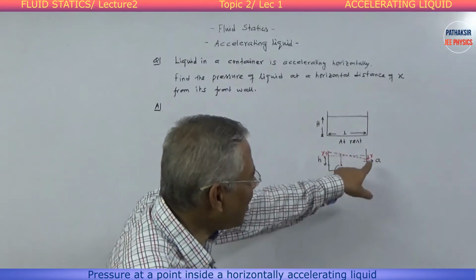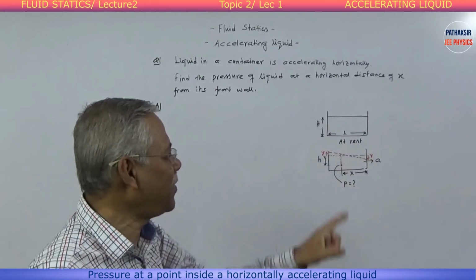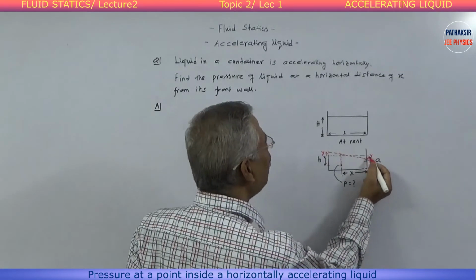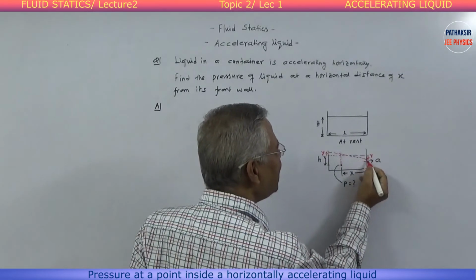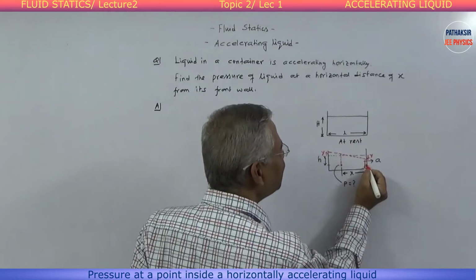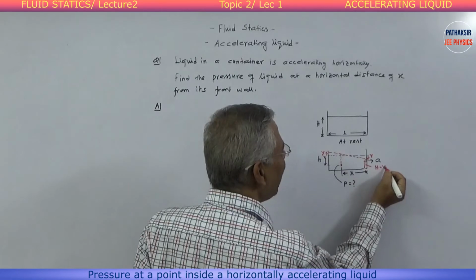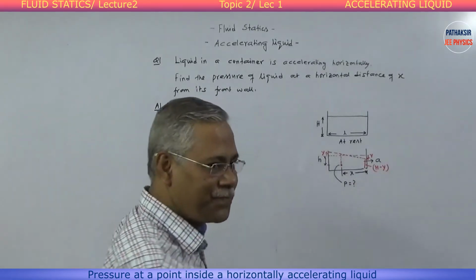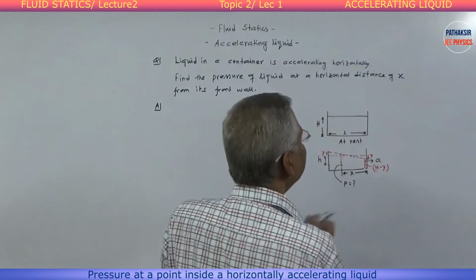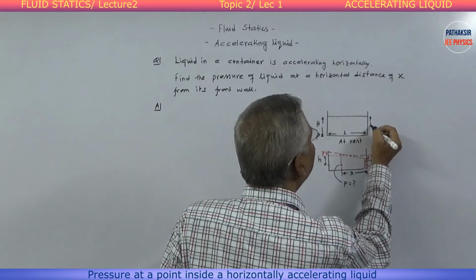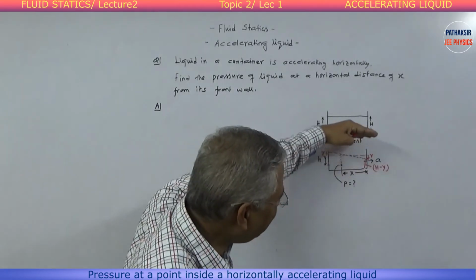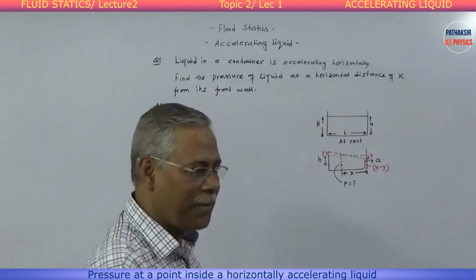Once you calculate y, then you know this distance. This will be h minus y, because this is h, this is also h. If this gets depressed by y, it is h minus y.